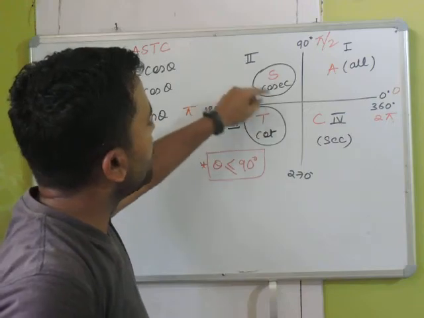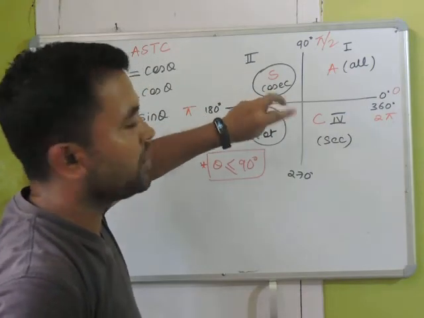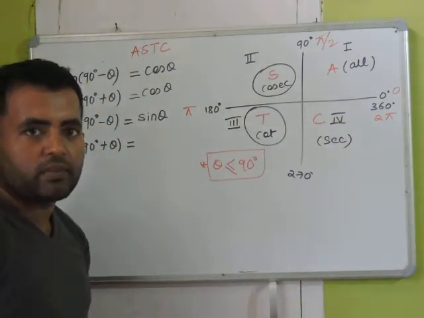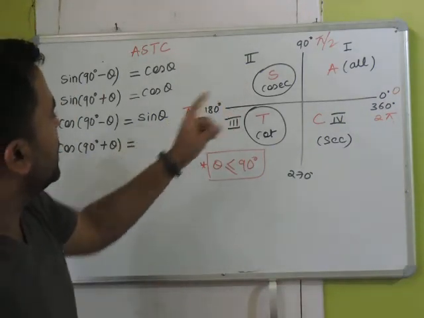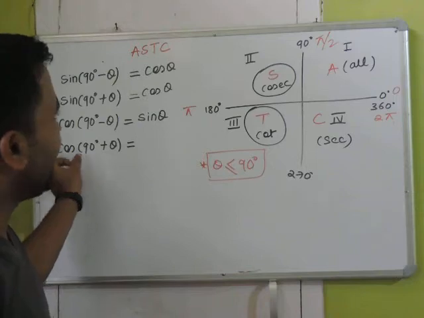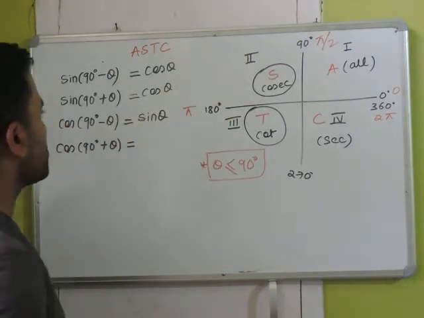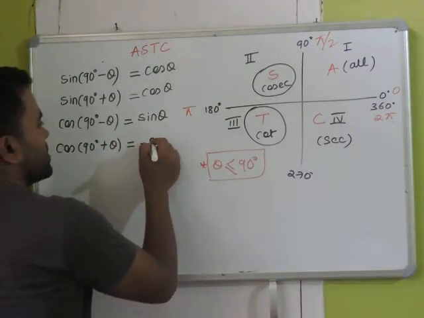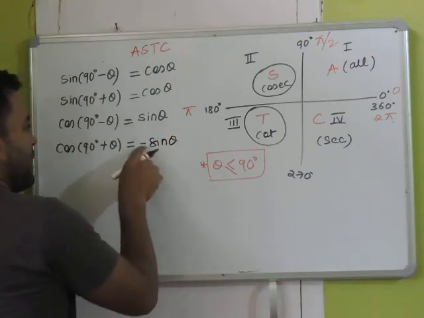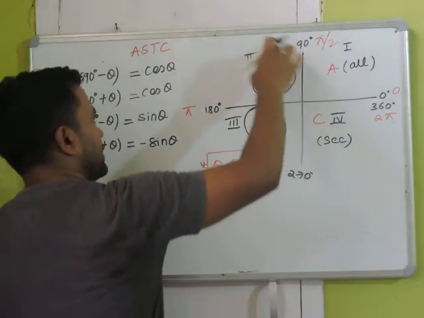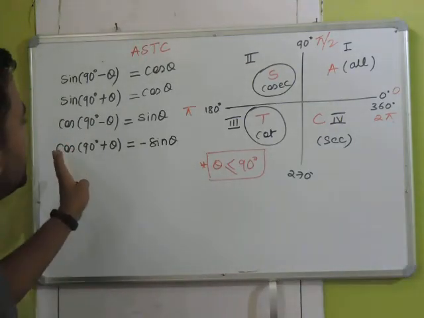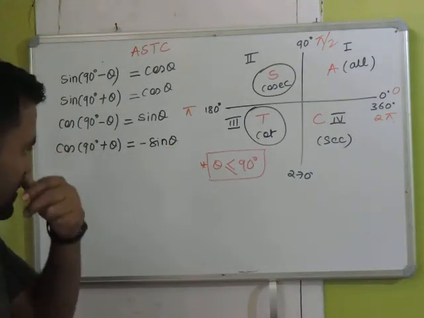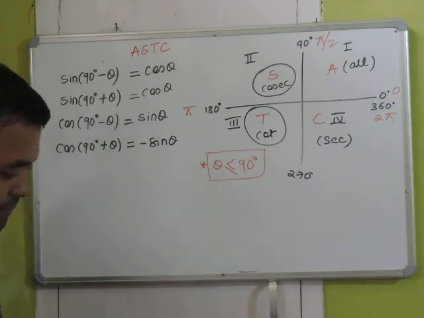In this quadrant only sine and cosec are positive, all the rest are negative. So cos 90 plus theta, the cos function will be negative here, so I will write it equal to minus sine theta. Why minus? Because cos is negative here, and we know that at 90 plus minus theta the trigonometric function changes like this, right?